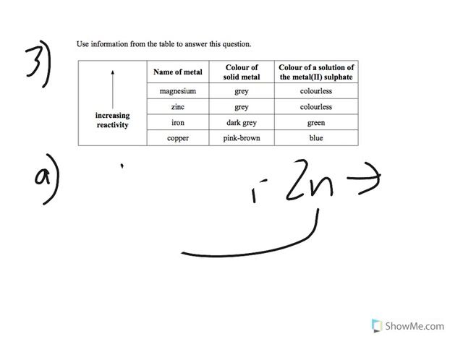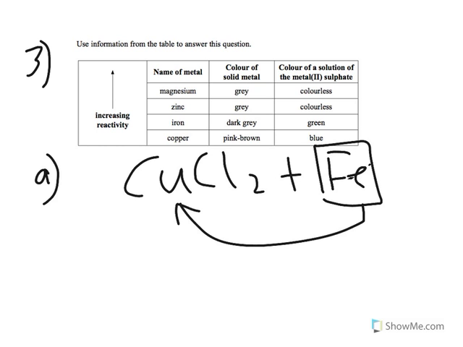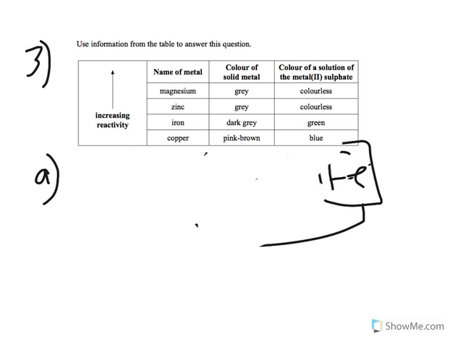Whereas if I had, for example, copper chloride and I added iron, iron is more reactive than copper, so it would take away copper's position and displace it, and so iron chloride would be formed. Okay, so the same thing applies here. So the first question of 3A says, when zinc is added to magnesium sulfate solution, no reaction occurs.